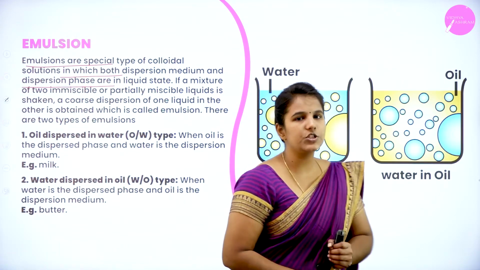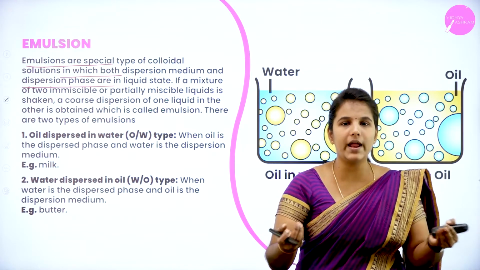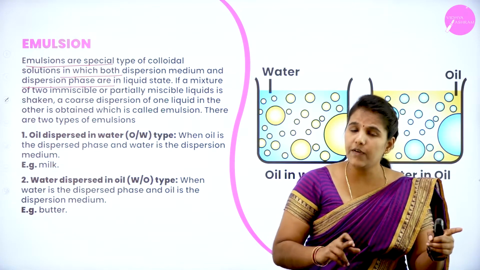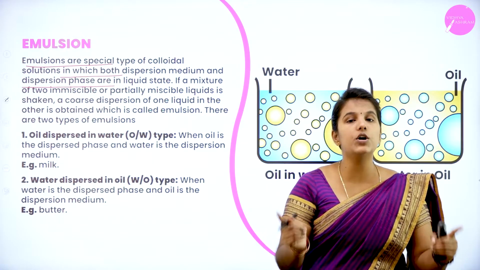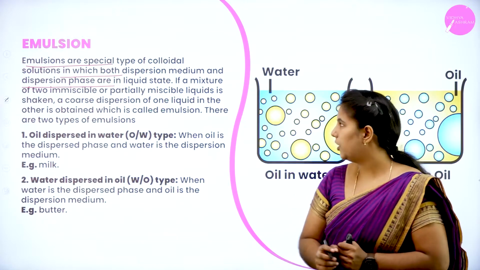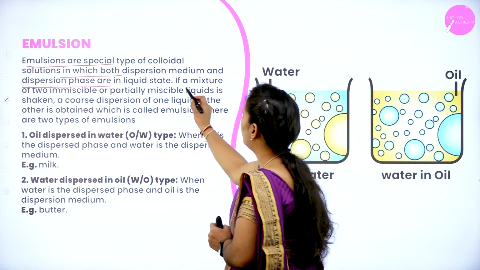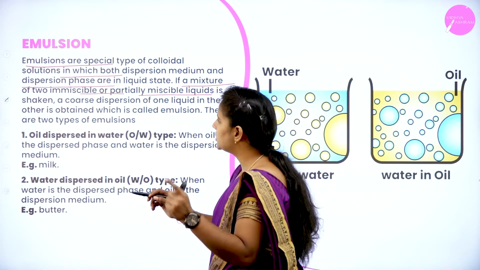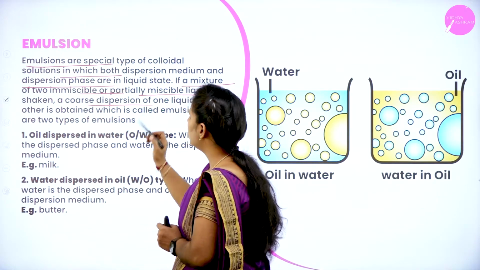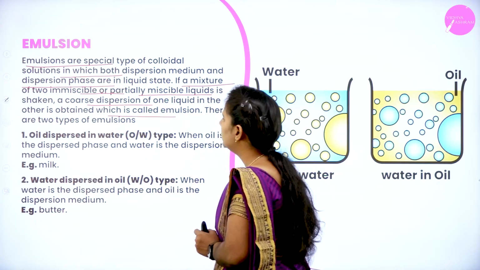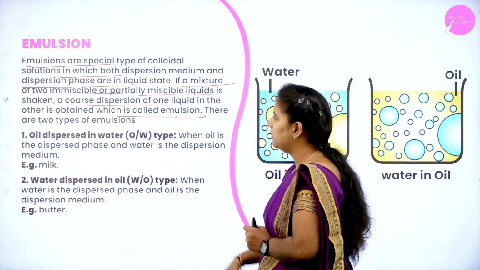If a mixture of two immiscible or partially miscible liquids is shaken, a coarse dispersion of one liquid in another is obtained, which is known as an emulsion.